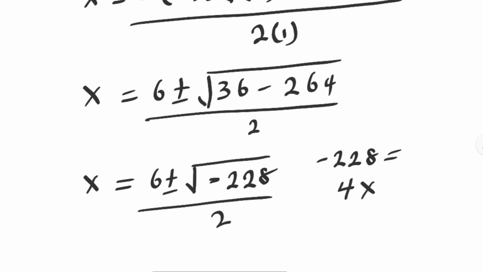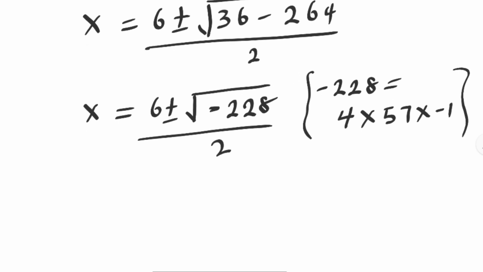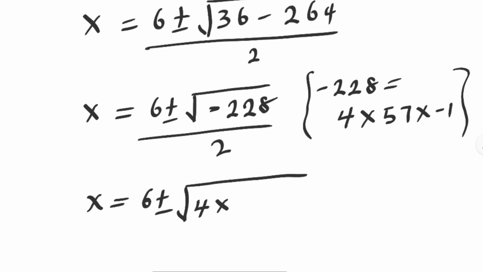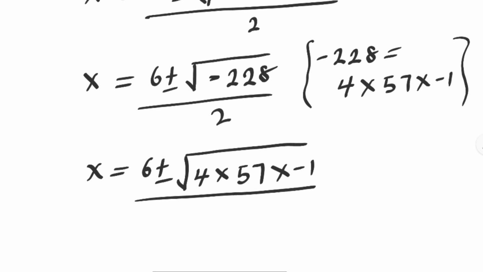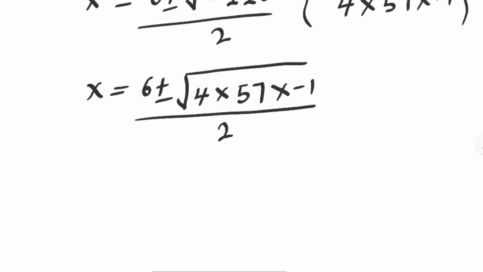Now minus 228 is equal to 4 multiplied by 57 multiplied by minus 1. x is equal to 6 plus or minus square root of 4 multiplied by 57 multiplied by minus 1, divided by 2.